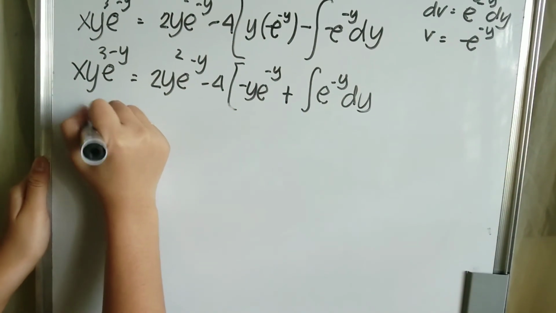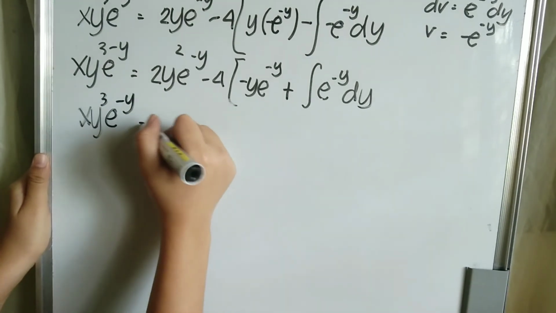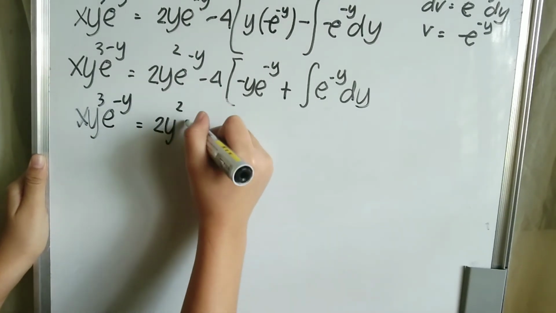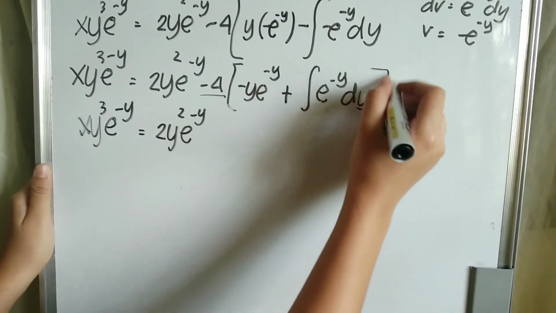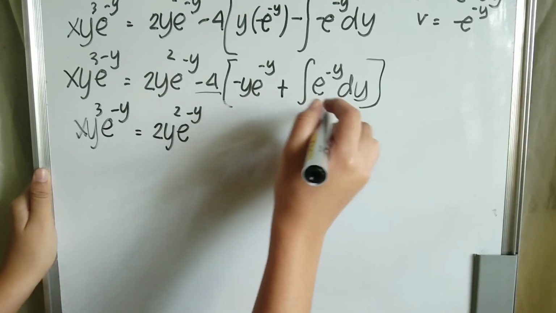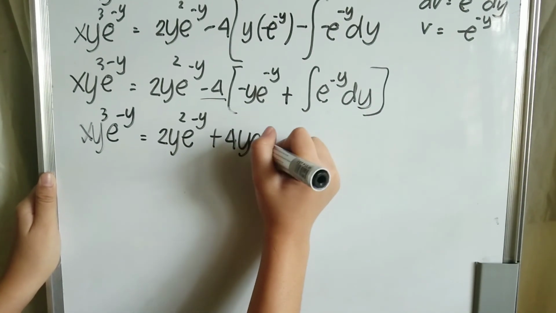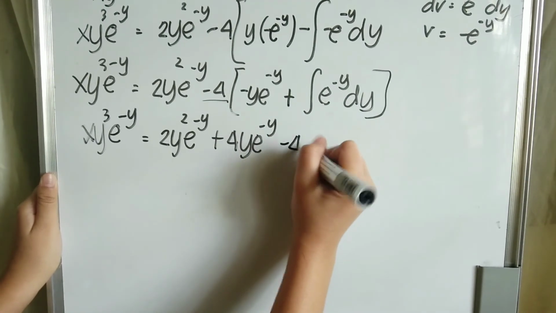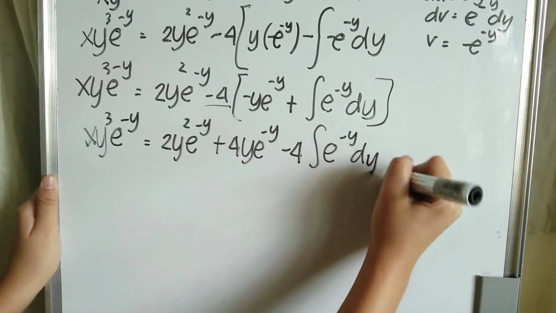So this will become x y cubed times e raised to the power of negative y is equal to 2y squared times e raised to the power of negative y. We will substitute negative 4 to our inner terms. This will become plus 4y e raised to the power of negative y minus 4 times the integral of e raised to the power of negative y dy.